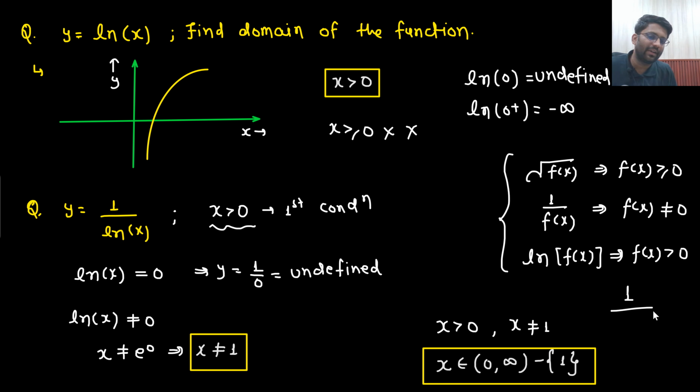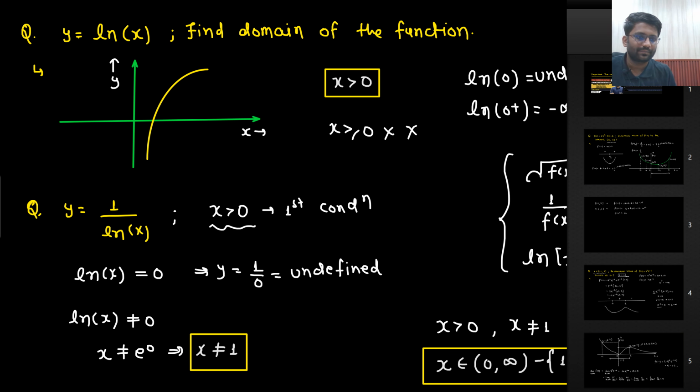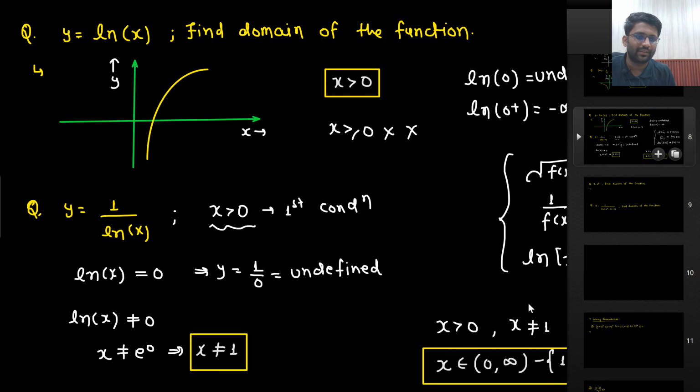What if I write 1 by ln under root or 1 by fx? This scenario I write down. So let's try this. Let me add a page, and I am asking you a question.